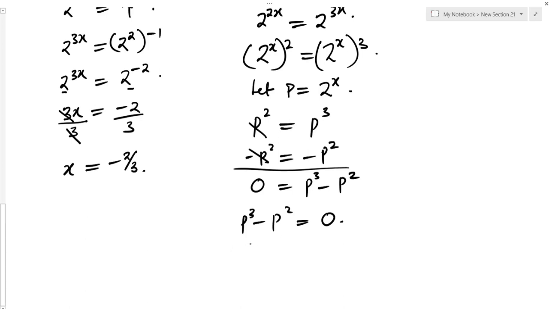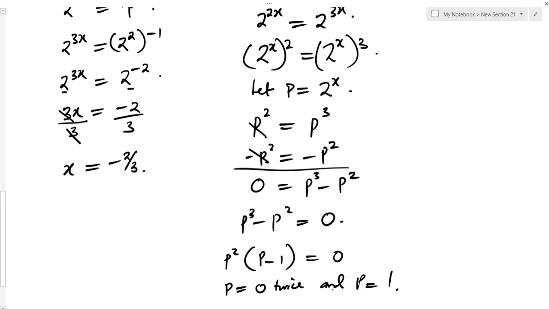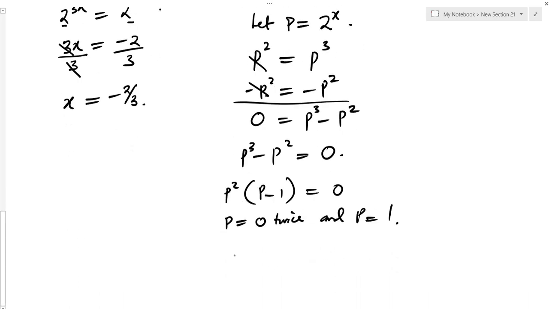Now to factor this out, p to the power of 2 is common to both terms, so p to the power of 2 into p minus 1 is equal to 0. So p is equal to 0 twice, and p is equal to 1. Now if you bring back p, it is the same thing as 2 raised to power x. 2 to the power of x is equal to 0, and 2 to the power of x is equal to 1.